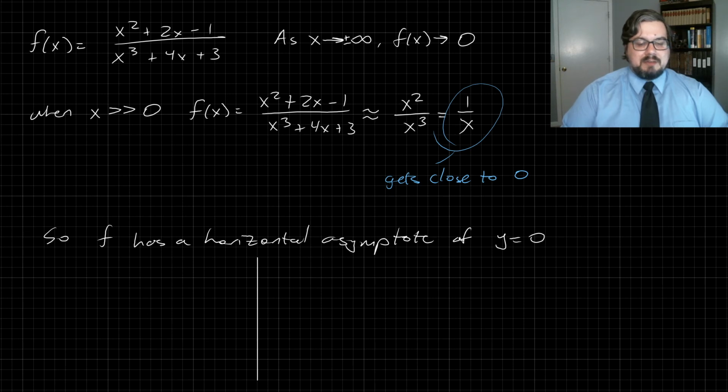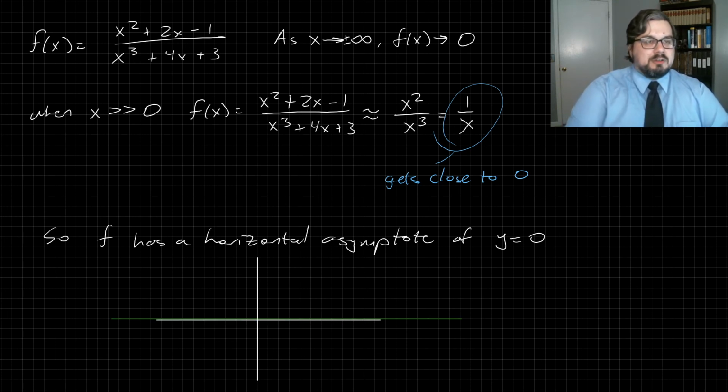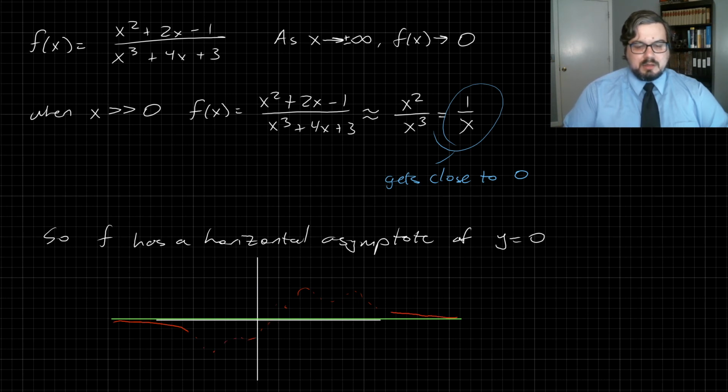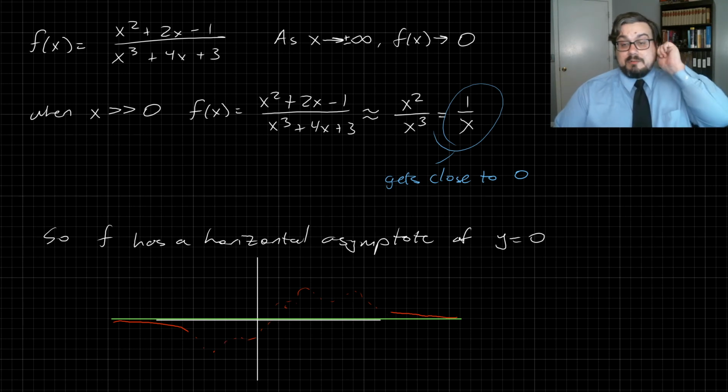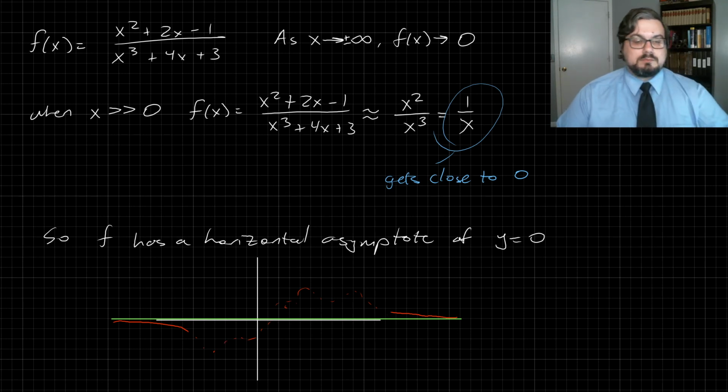Whatever the function f does, and it might do lots of complicated things, when x gets very, very large, the function graph, which might do lots of different stuff over here, will eventually get close to the graph of y equals 0. So this is what happens when the degree of the denominator is larger.